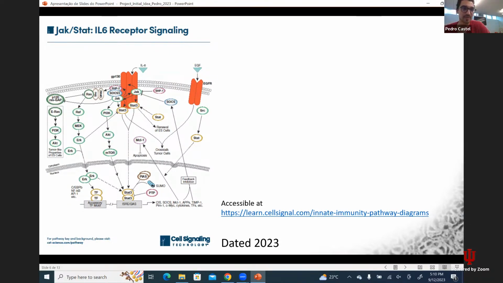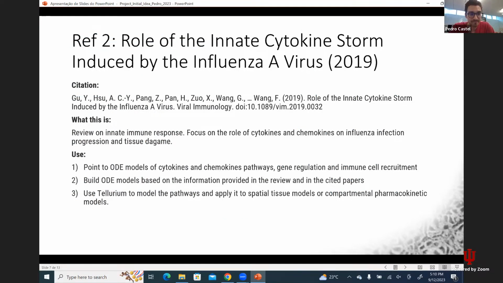So to prepare myself, I grabbed a review, and this review is one of the latest I could find, and very complete as well, specifically about influenza infection in lung tissue, and talking about the cytokines, which I'm looking for here. So how the cytokine affects the cell and how the cell responds to the infection, producing cytokines and signaling to and from neighboring cells.